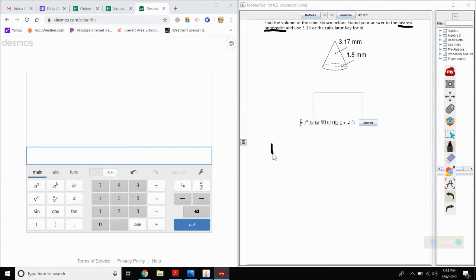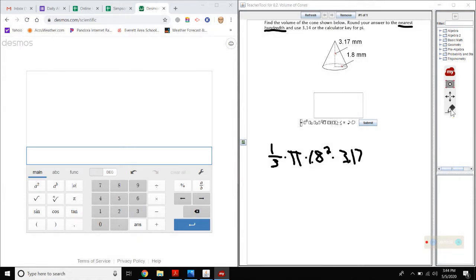So our formula was 1/3 times pi times our radius squared. Our radius is 1.8, because there's our radius. So radius squared times our height, which is 3.17. So that's going to give us our volume.